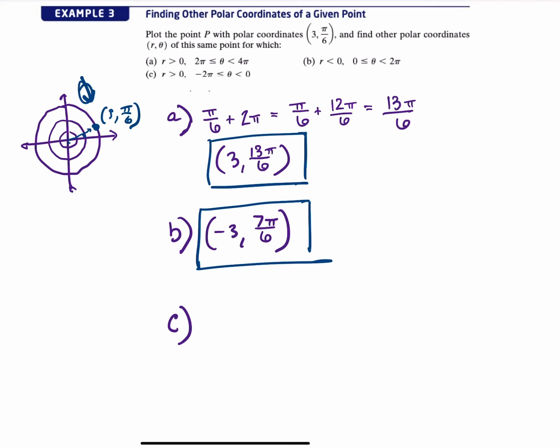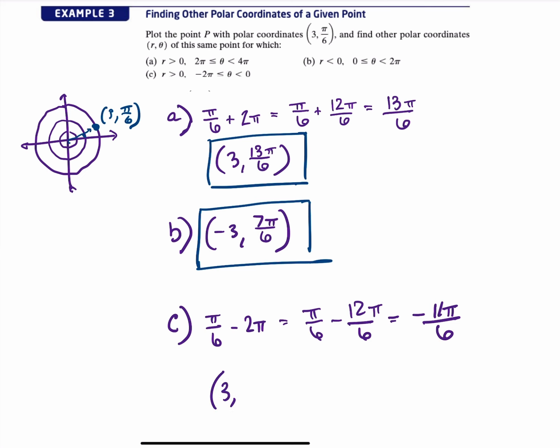Another way to get this point would be to take pi over 6 and subtract 2 pi. So that would be pi over 6 minus 12 pi over 6. And here maybe it's a little bit easier to see the negative 11 pi over 6. So we can name the same coordinate point, positive 3, negative 11 pi over 6.